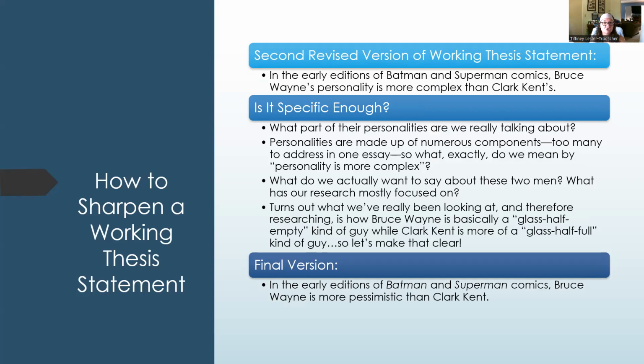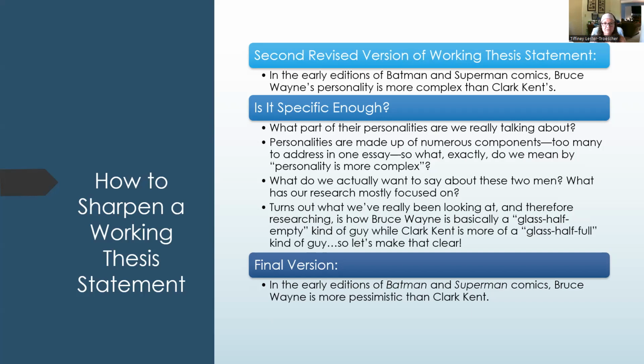Personality is made up of so many different facets. Am I really going to discuss every single aspect of their personality? Complex could mean anything. What do I even mean by that? When I'm thinking about these two men, what is it about Bruce Wayne that is so different from Clark Kent?